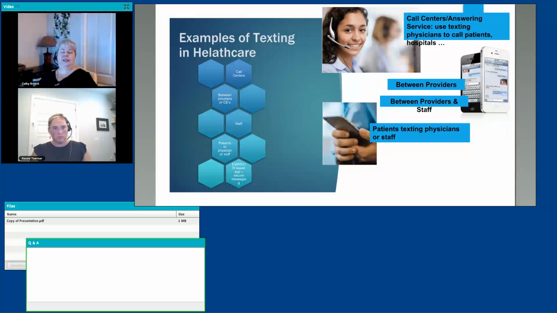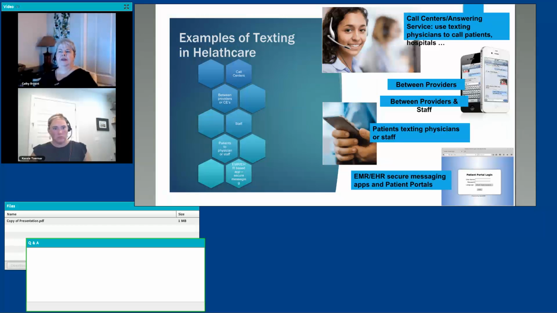You can always simply call the patient or the parent back and not send PHI over text message. Of course, EMRs and EHRs often have secure portals or other sorts of secure messaging applications built into them, and we would always encourage you to use the most secure application possible.